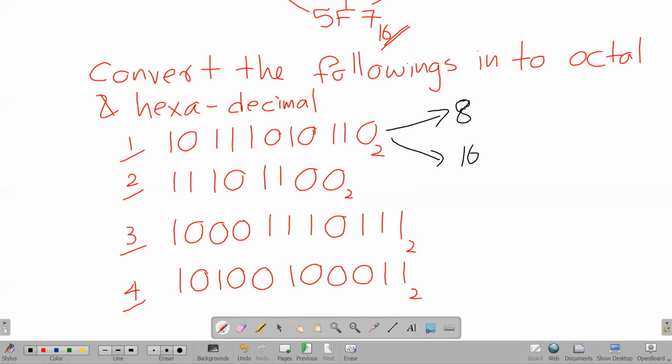Dulanti, let me check. Dulanti, the first answer is correct, Dua. Second one is also correct. Third one, yes, that's correct. Fourth one, yes, that's also correct.